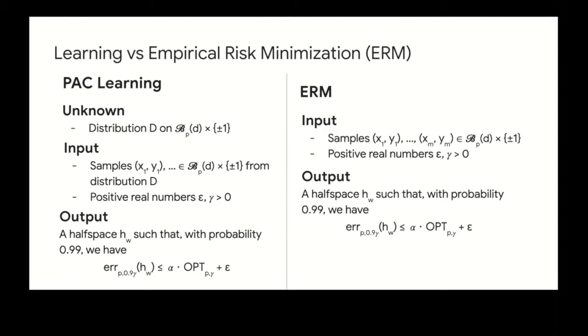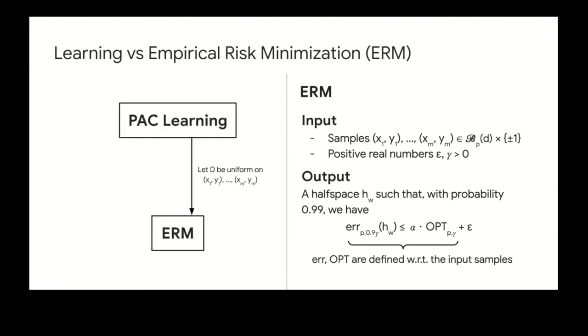So we are given input samples, and our error and the optimum are defined with respect to the input samples, not with respect to the underlying distribution. It turns out that these two problems are actually equivalent. On the one hand, if you have a PAC learning algorithm, you can get an ERM algorithm pretty easily by defining D to be the uniform distribution over your input samples.